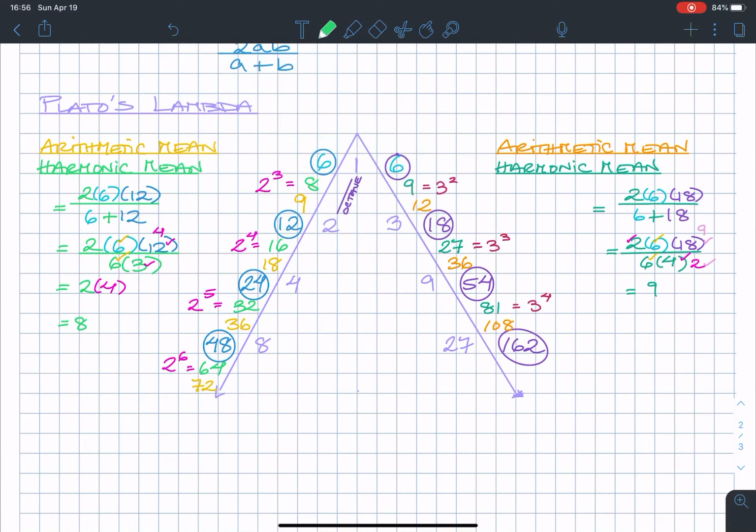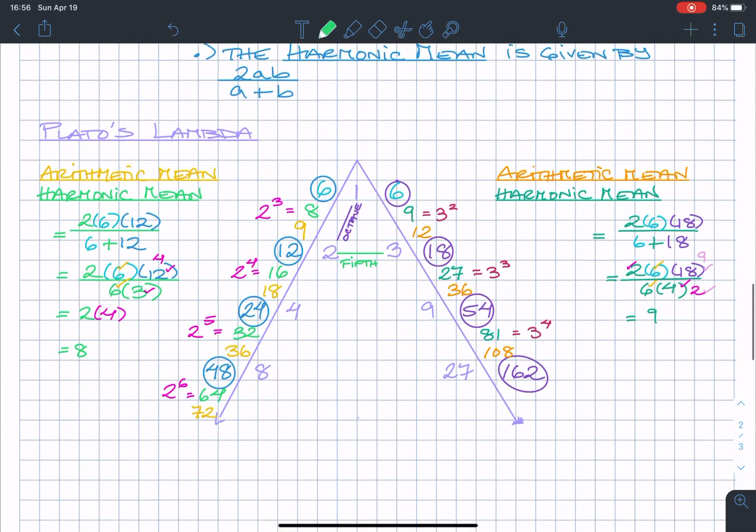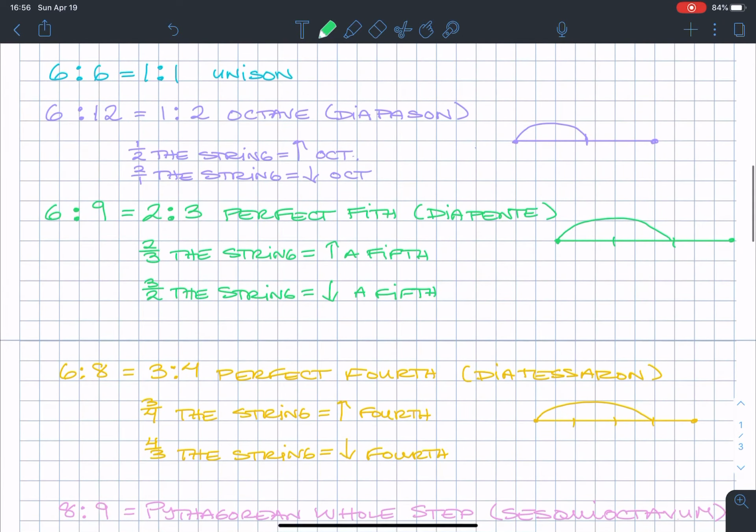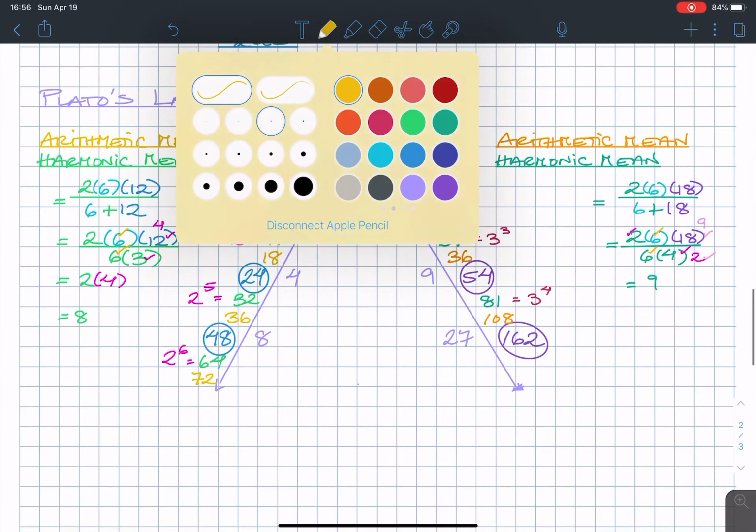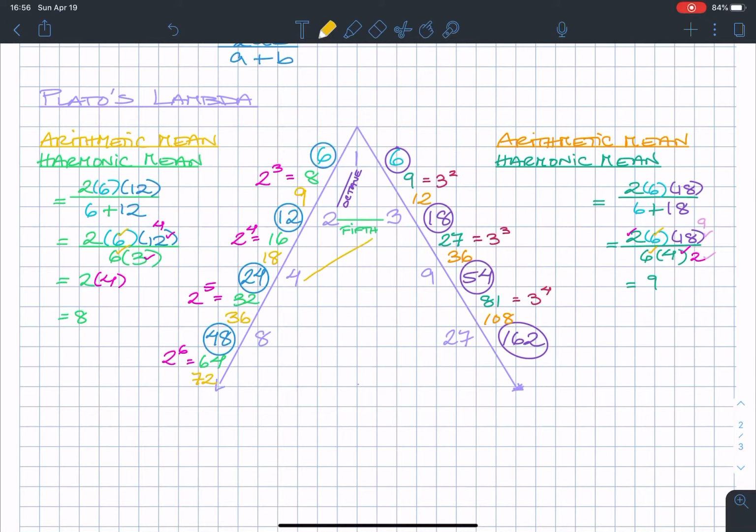So perfect fifth. And then the ratio from 3 to 4, well, that was a perfect fourth. 3 to 4. This is a fourth.